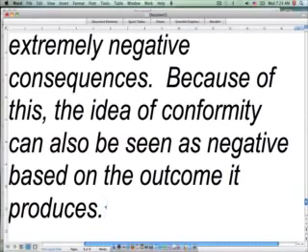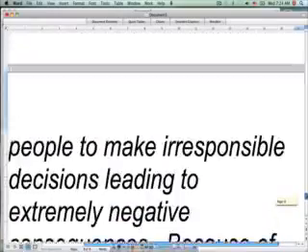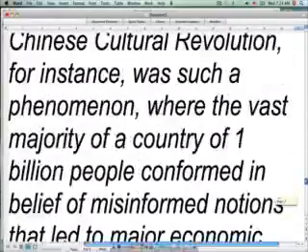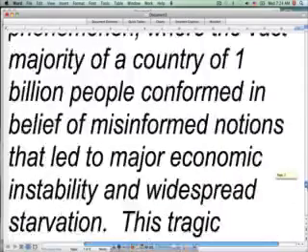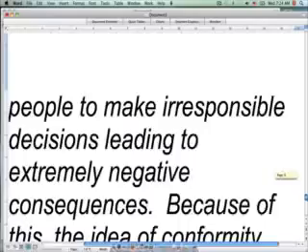So the idea that conformity is a negative thing is being compared with the idea we presented before, that conformity can be a positive thing or lead to certain positive results. And the other word that we used, at the very beginning, however, is another keyword that lets us know that we are indeed contrasting this idea to the one that came before it.